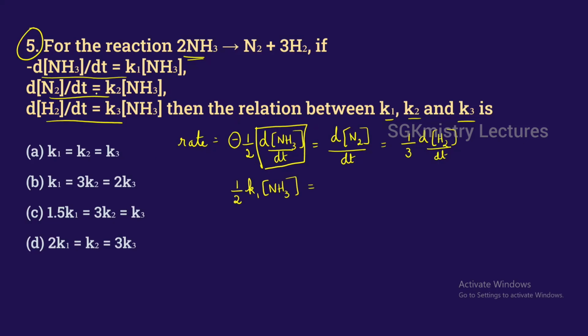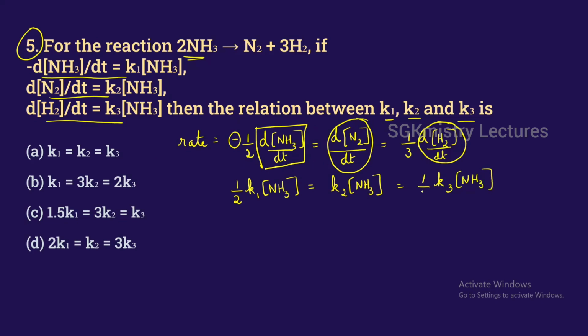Next. Here you see in the question, dN2 by dt, this entire thing is represented as K2 into concentration of NH3. This is from the question. Okay. Next, dH2 by dt, this part is represented as K3 into concentration of NH3.